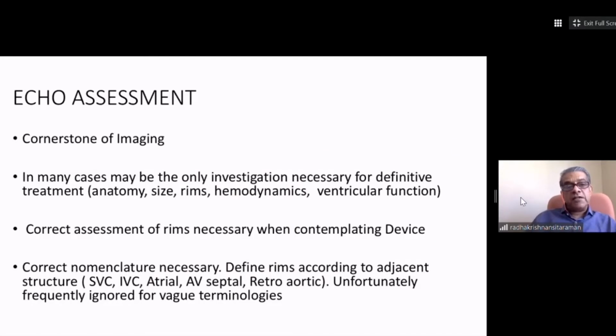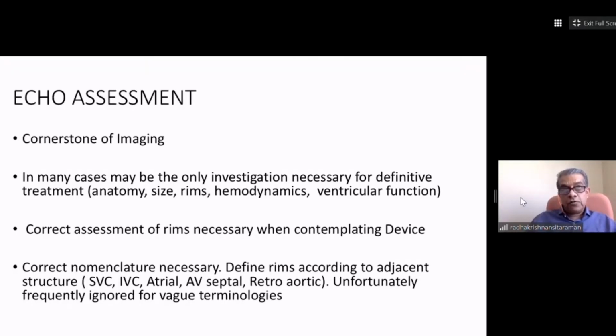Echo assessment is the cornerstone for imaging. In many cases, this may be the only investigation necessary for the treatment in terms of anatomy, size, rims, hemodynamics, and ventricular function. Correct assessment of rims is usually necessary when you're contemplating a device.